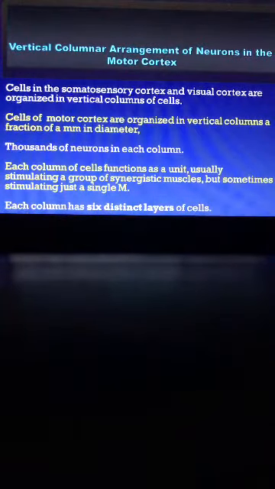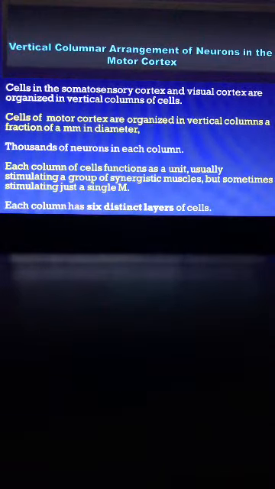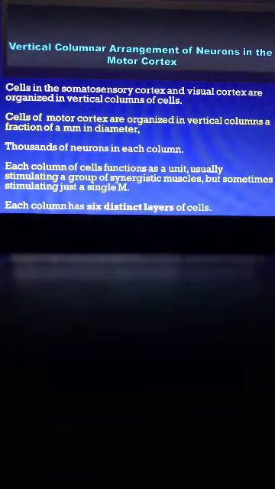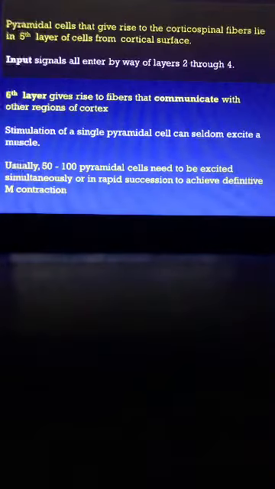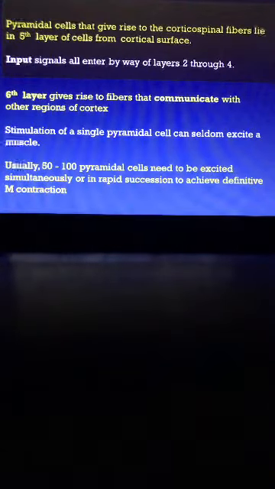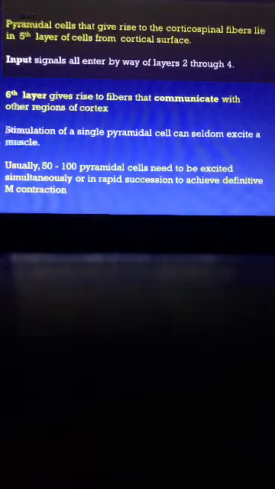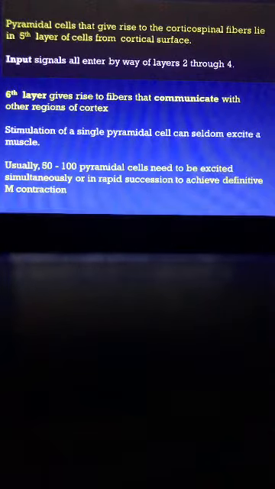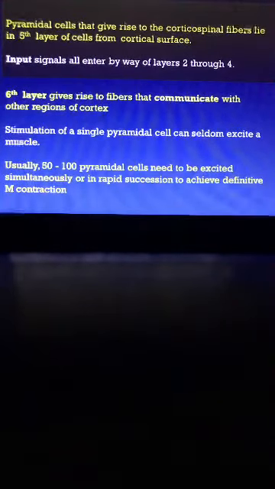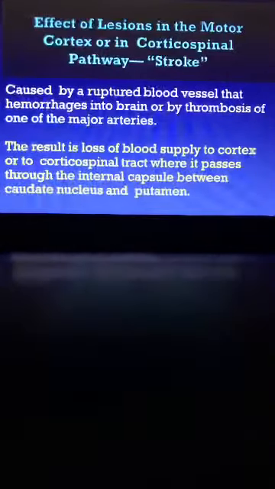There is vertical arrangement of neurons in the motor cortex. اوكي. هذه تقريبا جاي يوضح لنا بعض وظائف layers of the motor cortex باعتبارها 6 layers، وتبدأ من number 1 باتجاه number 6 وراح نشوفها أيضا.